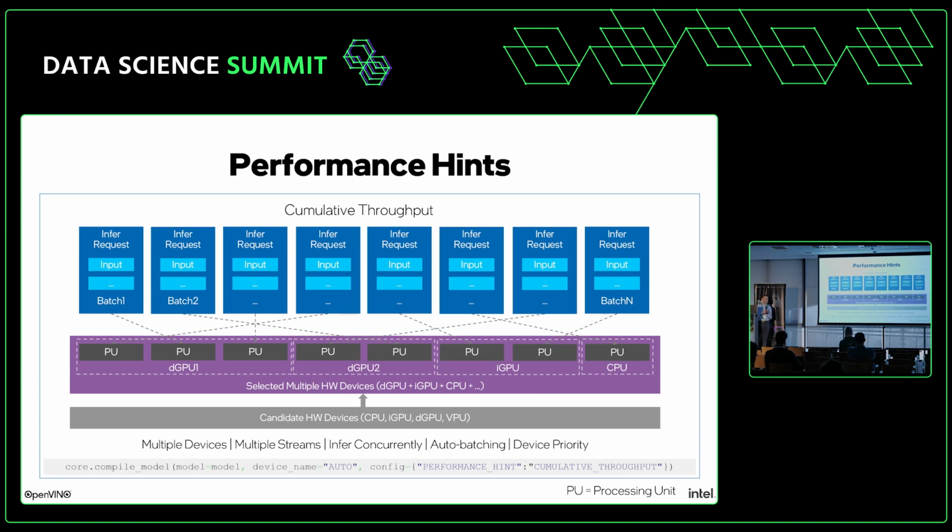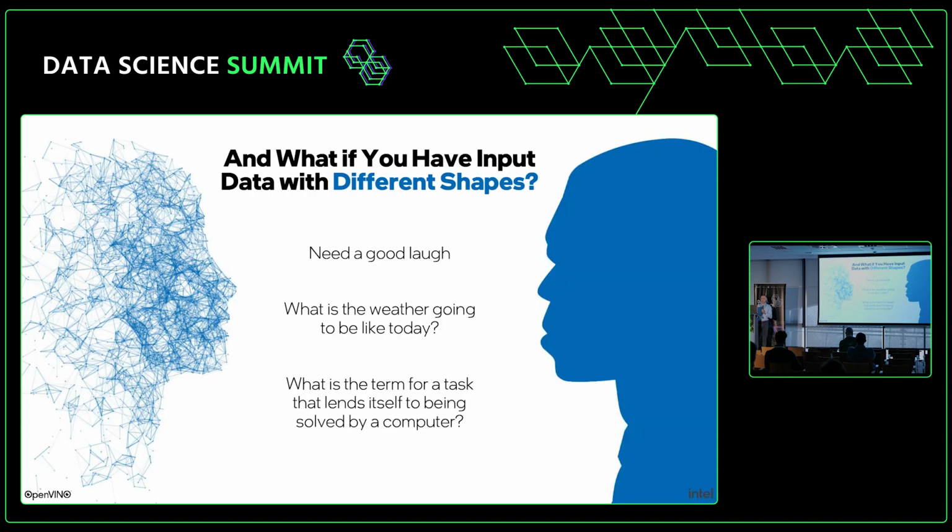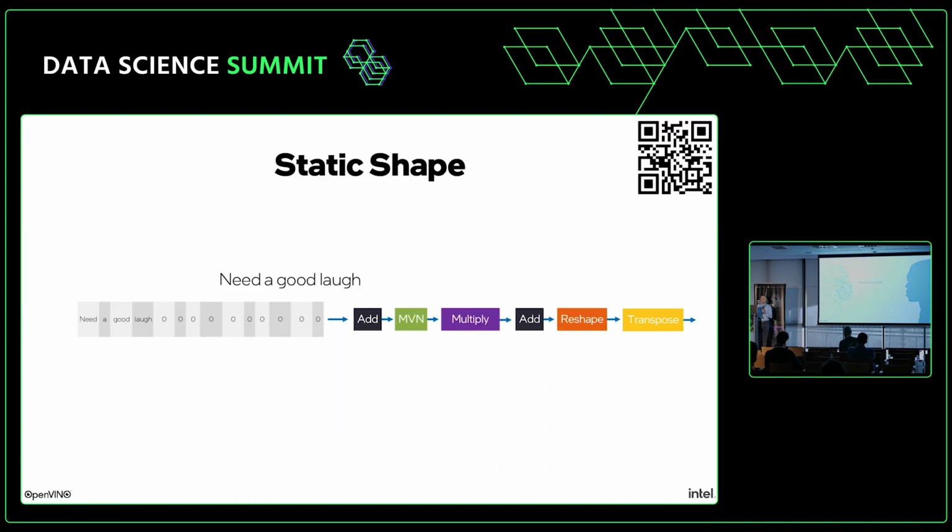But we talked about frames per second, computer vision maybe, and so on. What if you work on an NLP task or audio task when the input data can have different shapes? The standard usual way to deal with it is to just add padding at the end, right?